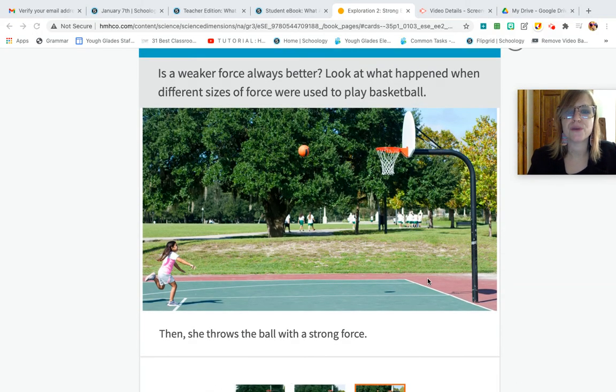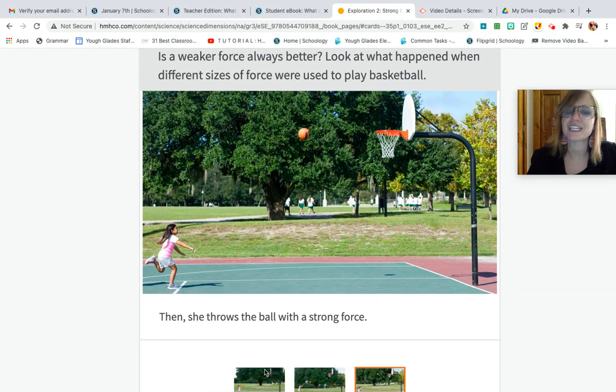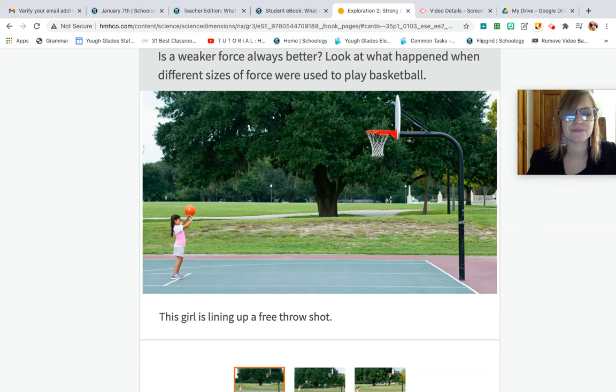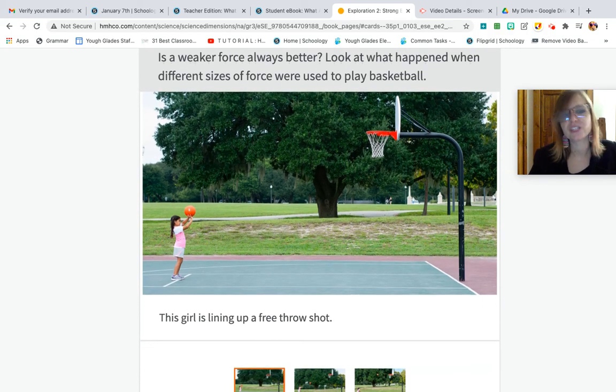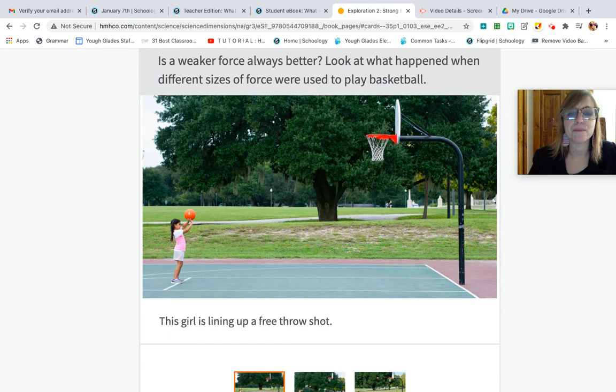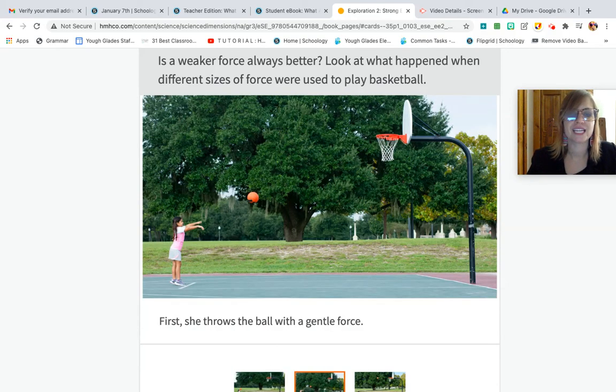She throws the ball. Oh, I always start at the end. Let's look at this one first. In this picture, this girl is lining up her free throw shot. She looks like she knows what she's doing. First, she throws the ball with a gentle force.